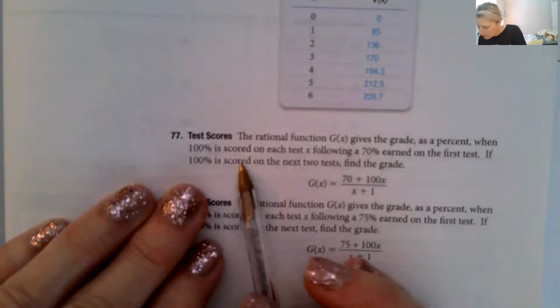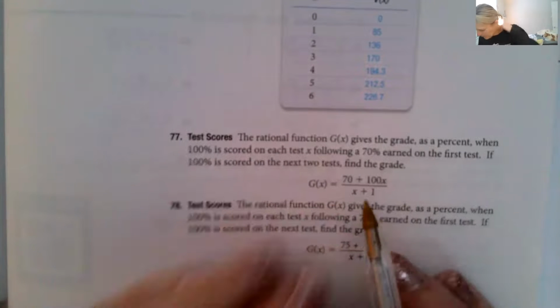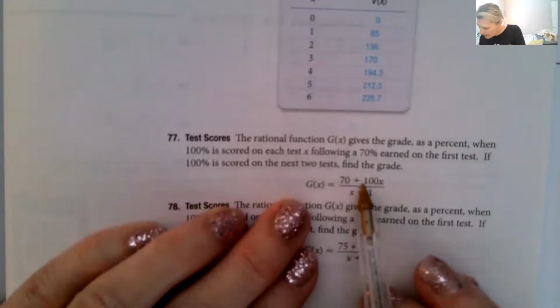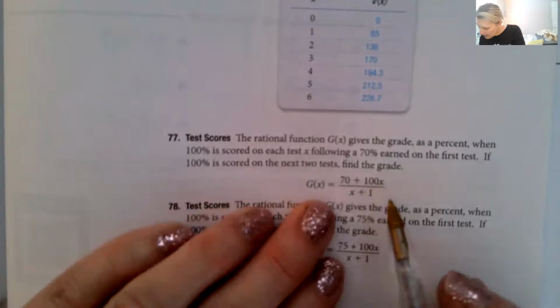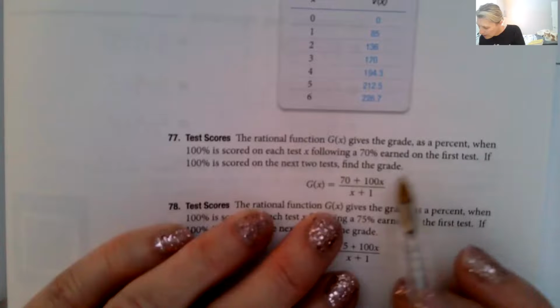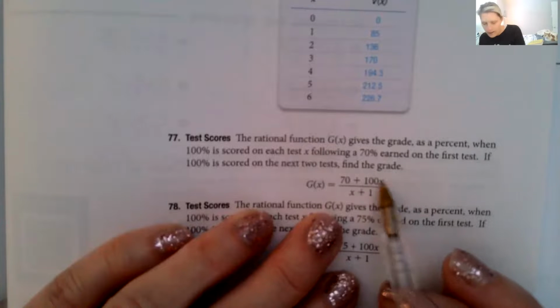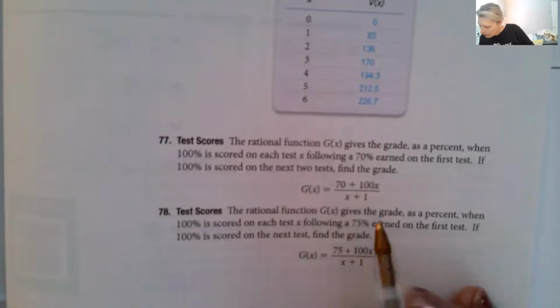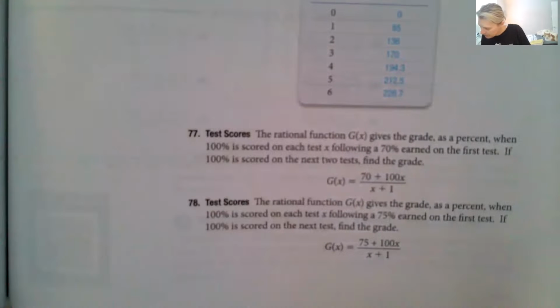If 100% is scored on the next 2 tests, find the grade. So the first test was a 70%, and then if they scored 100% on the next 2 tests, so this x would be 2 is what we're looking at, g of 2. What would be their overall grade?